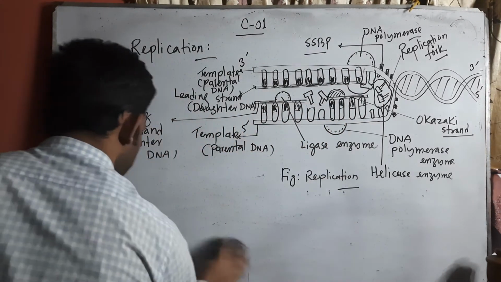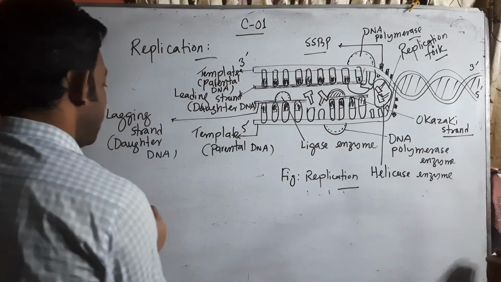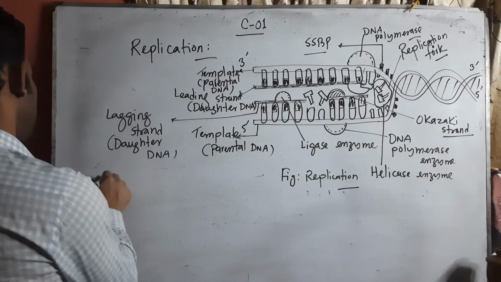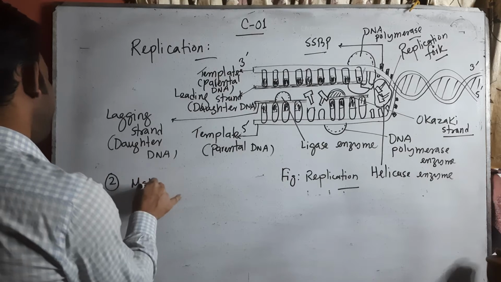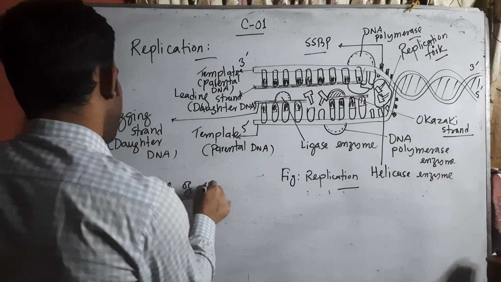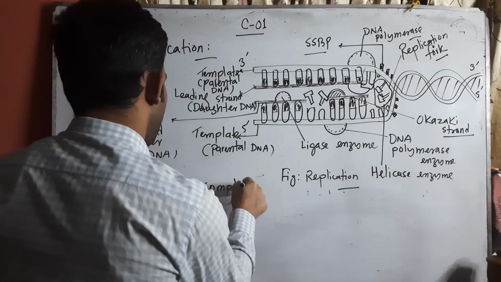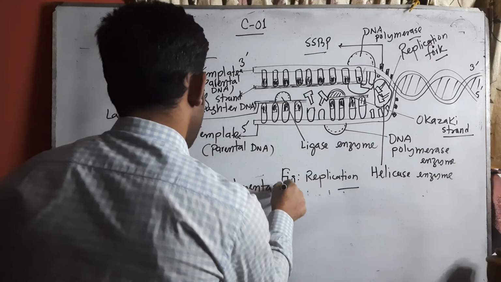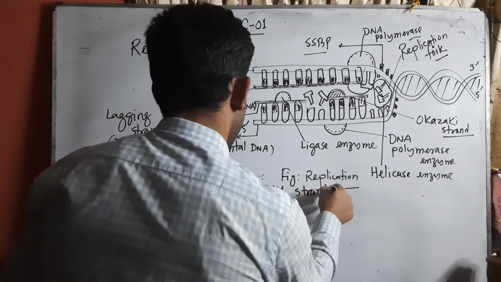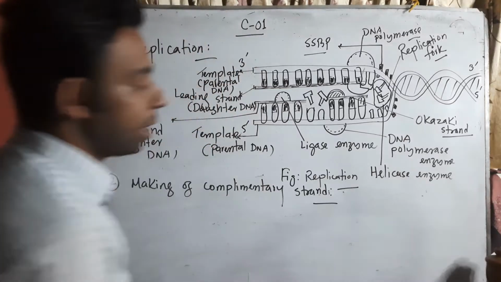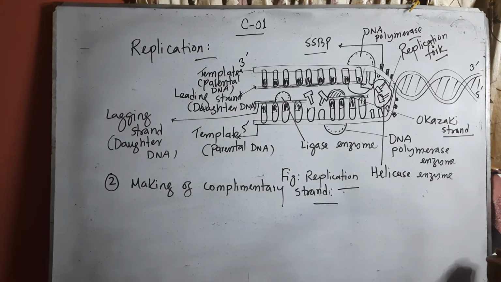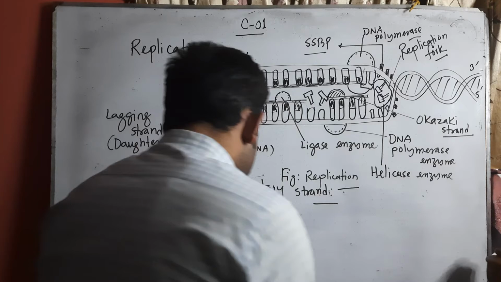Number 2 step, making of complementary strand. So what process is going on there in the second case, we will try to understand here. So making of complementary strand, there are some enzymes.